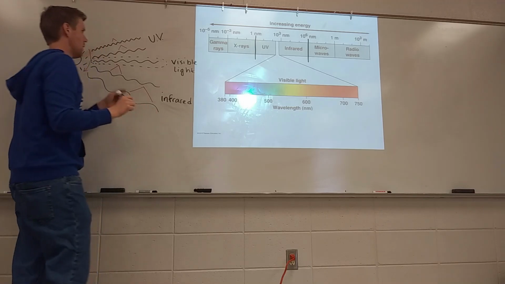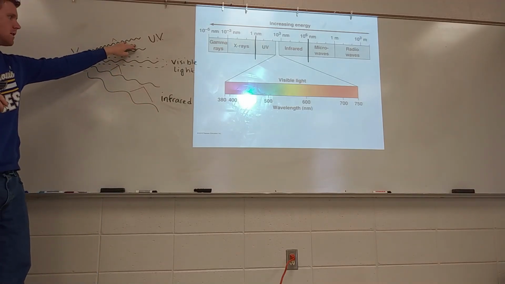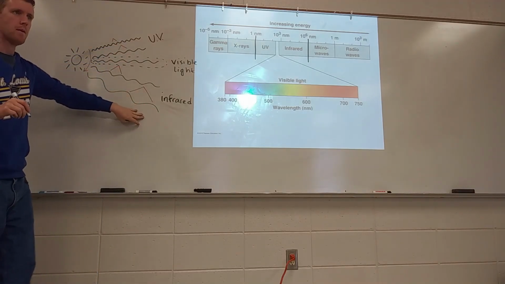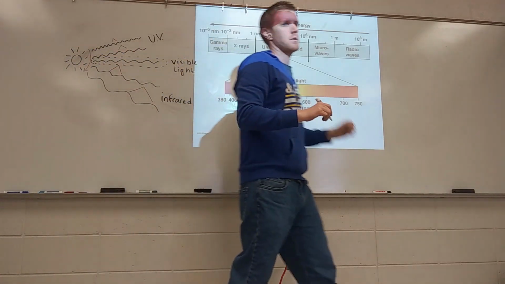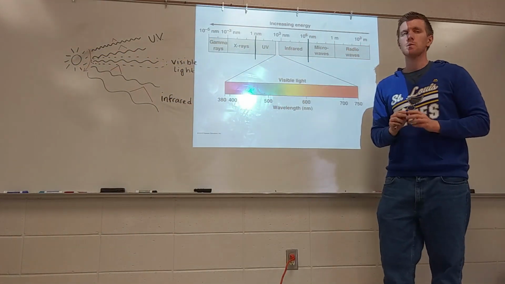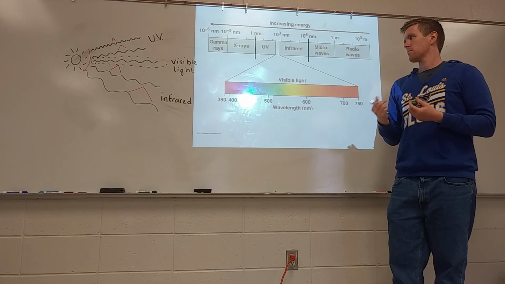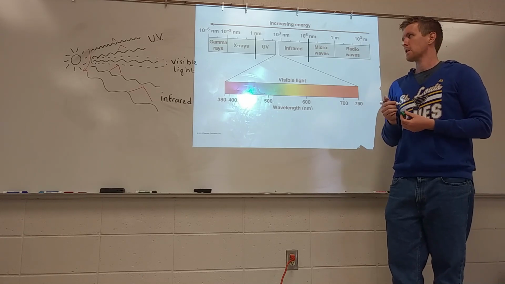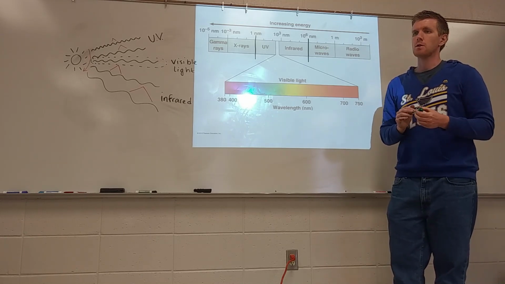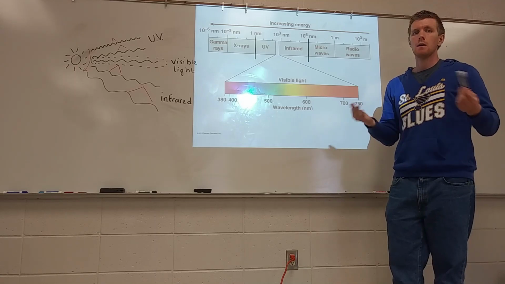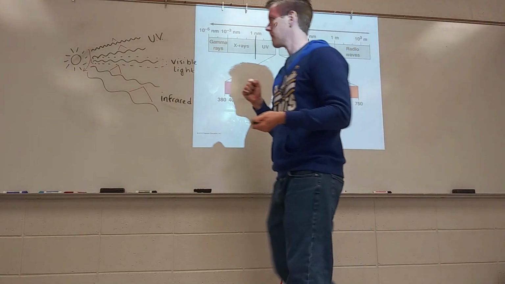The wavelengths are longer than UV, so they're less damaging, but they're shorter than infrared. In fact, one of the reasons UV is so damaging is because of the energy in those waves. It can be so energetically powerful that it can actually damage your cells and cause mutations like melanoma, skin cancer.